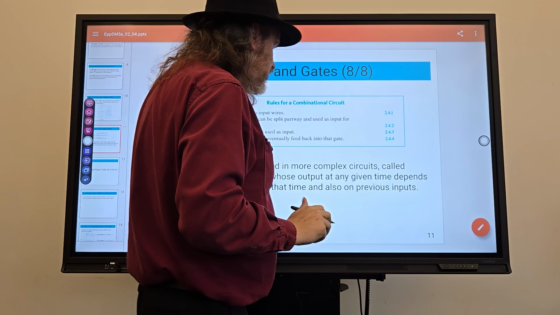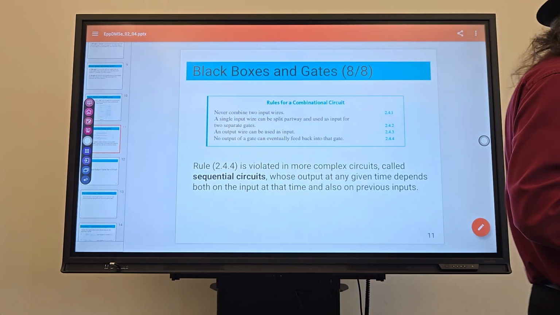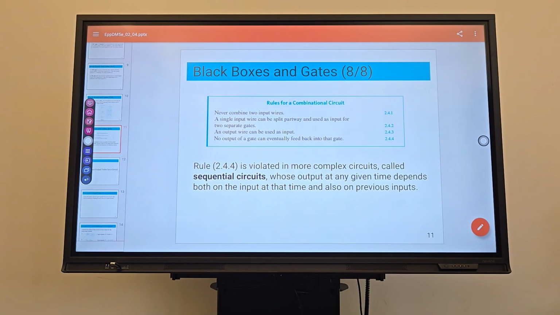So never combine two input wires. A single input wire can be split part way and used as an input for two separate gates. So you can split an input and go to two different destinations. An output wire can be used as an input for another gate.